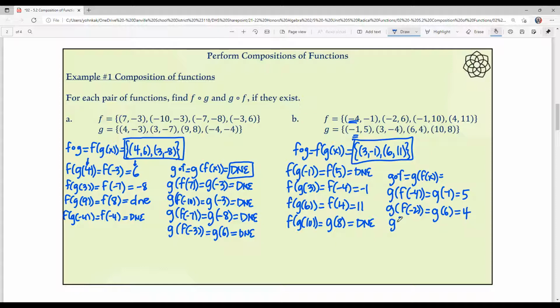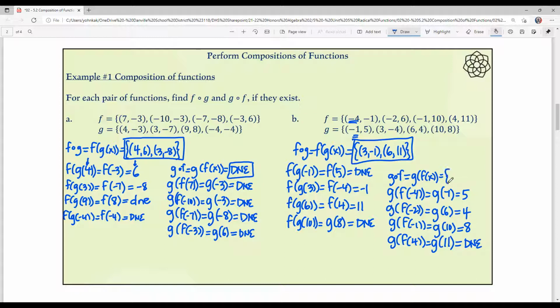My next ordered pair, g of f of -1. Well, f of -1 is 10. G of 10 is 8. Last ordered pair, g of f of 4. F of 4 is 11. And g of 11 does not exist.